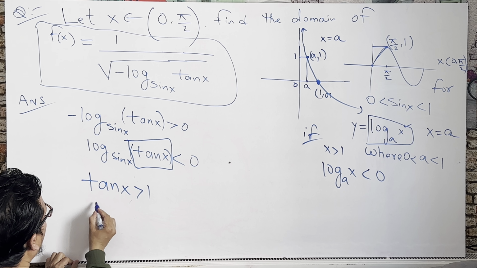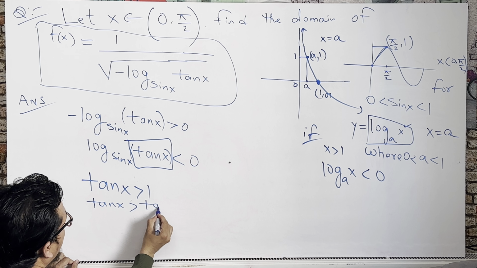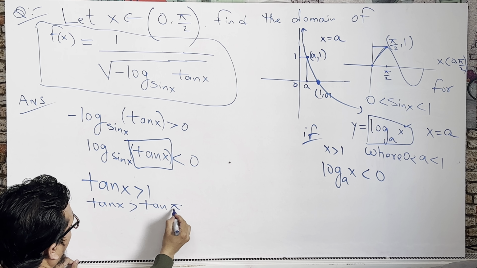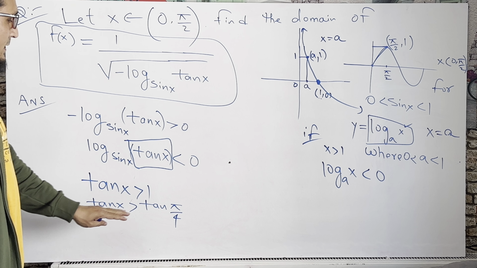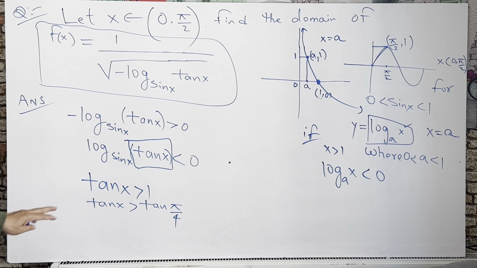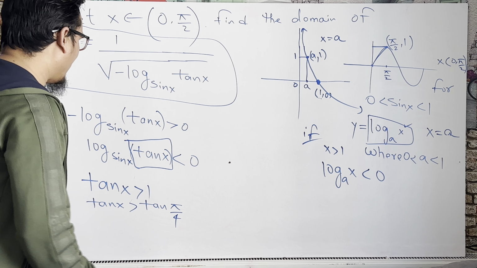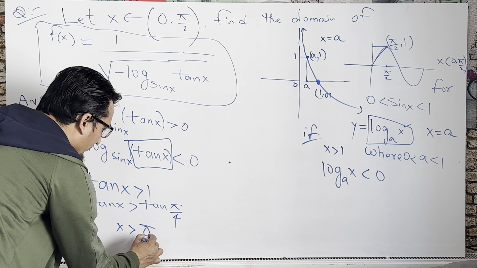Here you can say this is tan x, and the 1 can be written as tan pi by 4, right? Because tan pi by 4 is always 1. Tan 45 degrees is always 1. So the value of x must be greater than pi by 4.